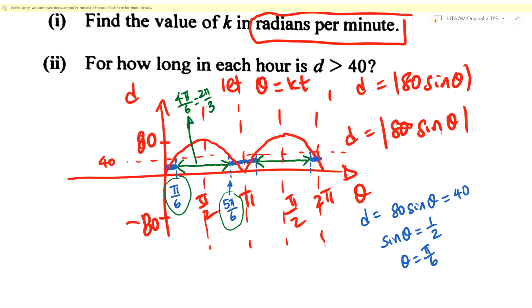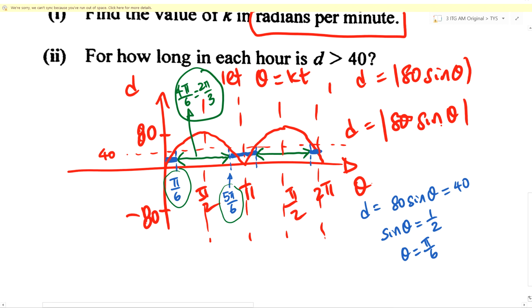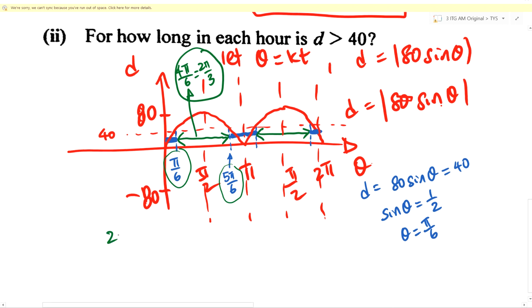Okay? So presentation wise, after we found 2/3 pi, we can multiply it by 2. Or you could have finished it over here and take 2/3 pi divided by pi. Alternatively, I'm going to show you the longer way, the more complete one, which will be 2/3 pi times 2 out of a total of 2 pi.